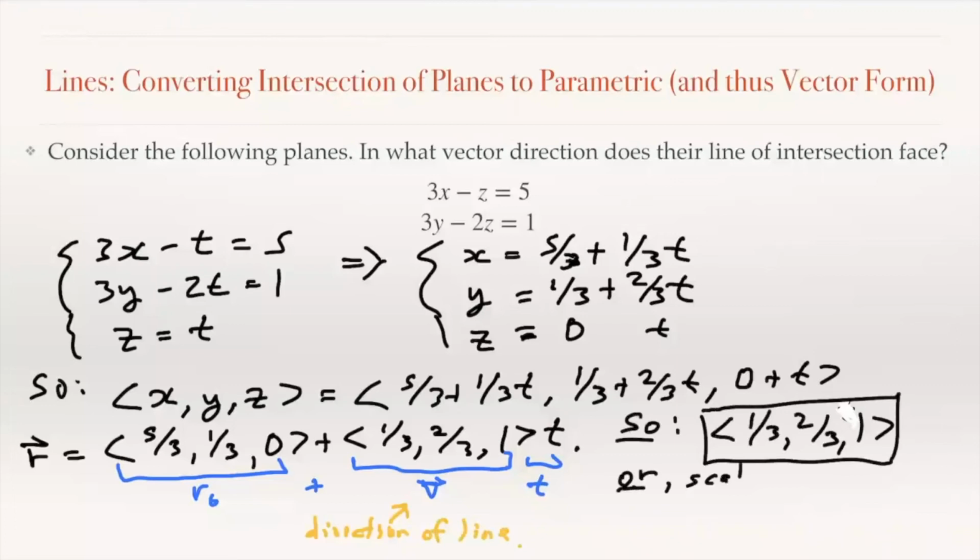And if we don't like fractions, and I do not, then we can take this and scale it. We can scale it specifically by 3 to eliminate the fractions. And it becomes 1, 2, 3.